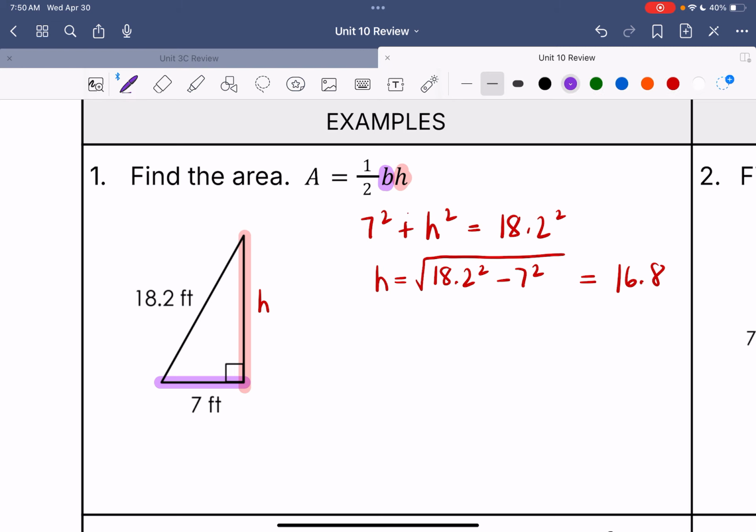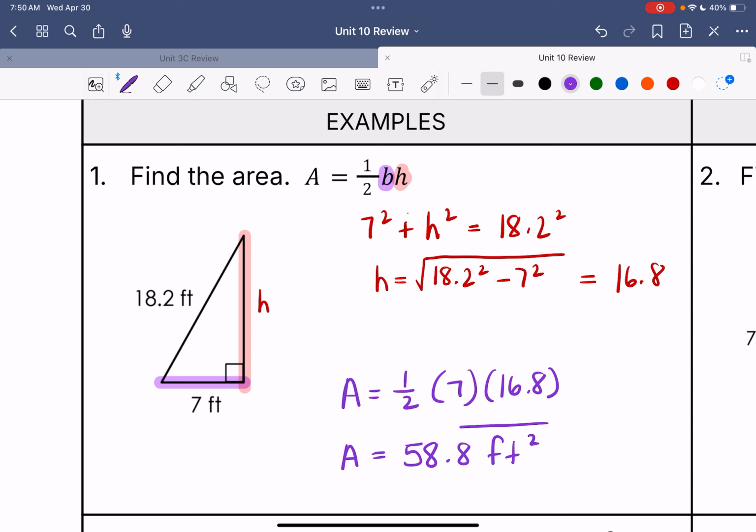So now to find our area, 1/2, the base is 7, and the height is 16.8. Okay, and I got 58.8. And this triangle, they are measuring by feet, so this is going to be square feet.